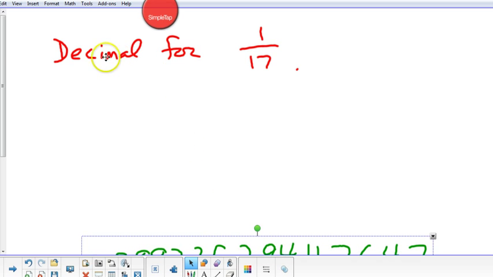If I wanted you to compute the decimal for 1/17th, how would you do it? Alright, you would take 1 and divide by 17. Now on our calculator, let's see if we can get a calculator up here.